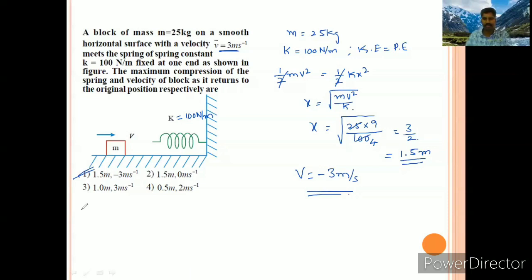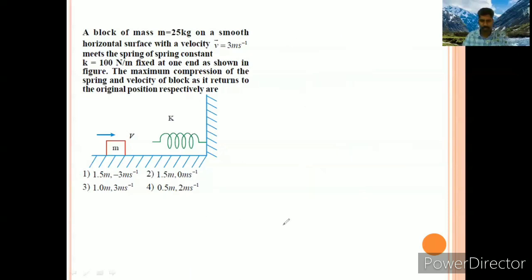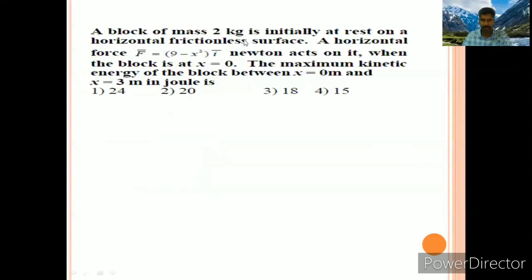So next problem is. A block of mass 2 kg, initially at rest, u is equal to 0, on a horizontal frictionless surface.